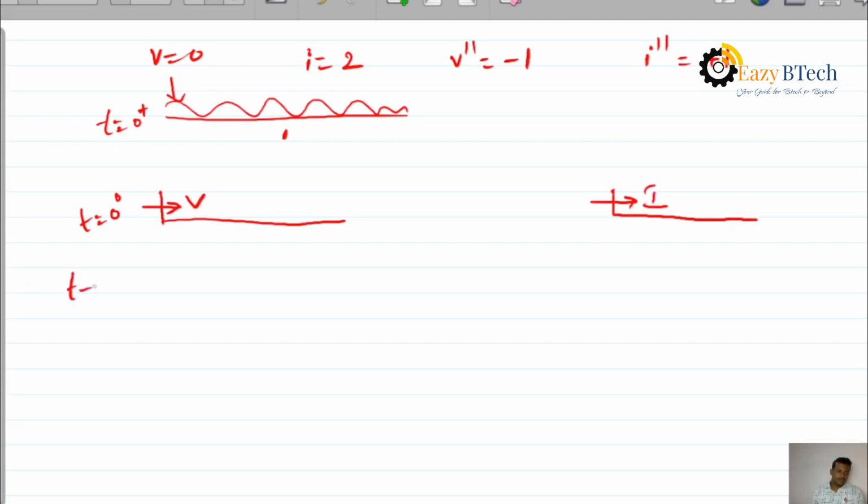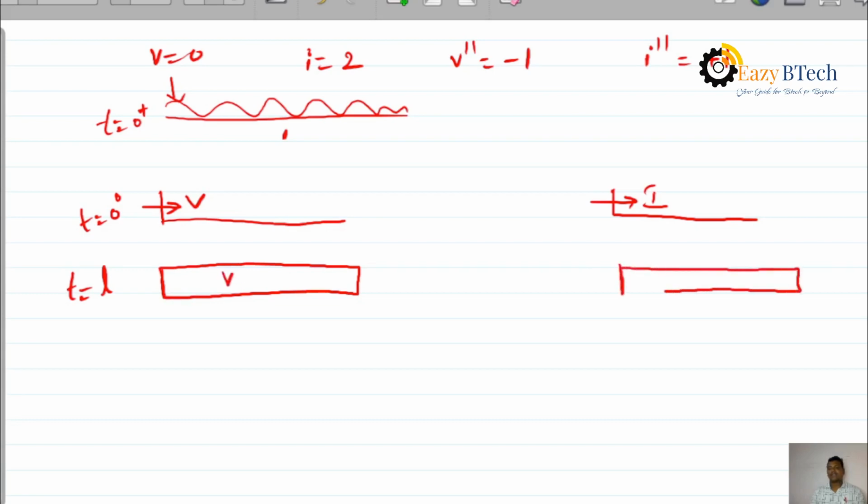What happens when it reaches L? After traveling the length L, the voltage wave V and the current wave I are available. Now, how much of the waveform is reflected back?